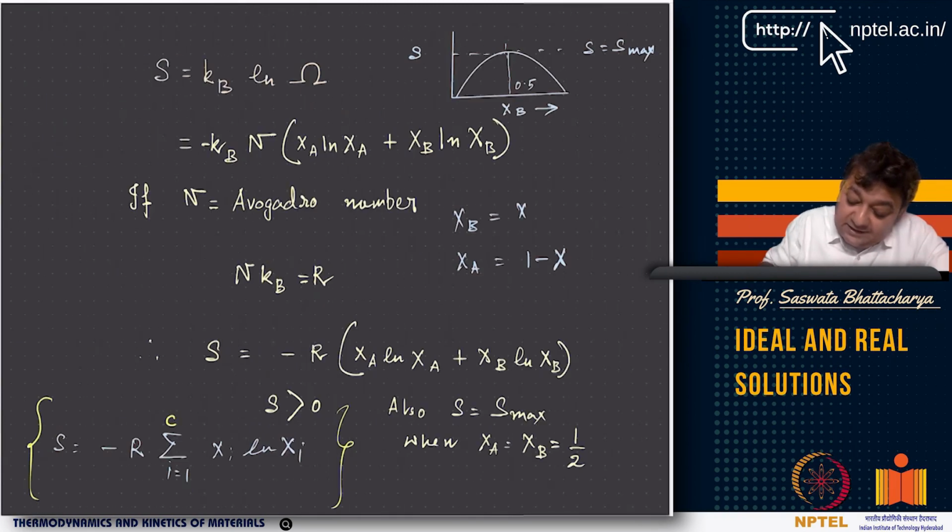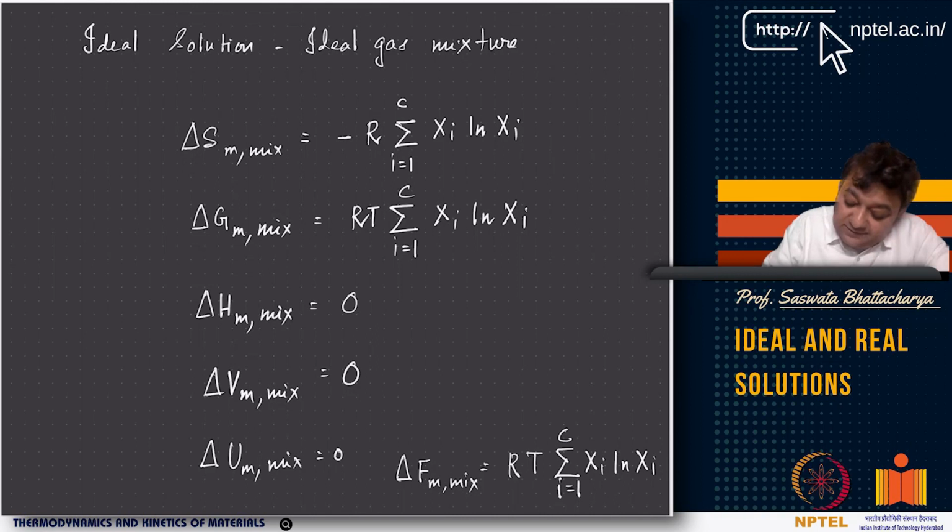So this is the delta S_m of mixing, the molar entropy of mixing. Now, if you look at the molar free energy of mixing, this becomes RT sum X_i ln X_i, because delta G_m of mixing is delta H_m of mixing minus T times delta S_m of mixing. So there is a T and a minus, and minus and minus becomes plus.